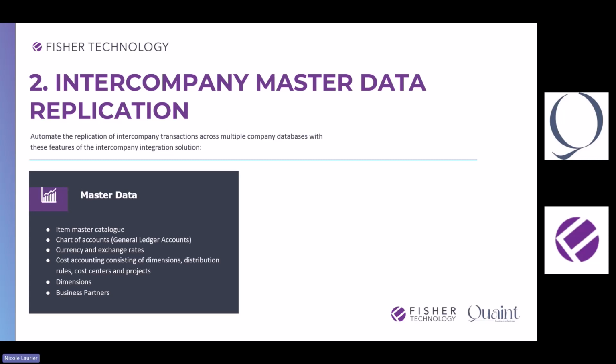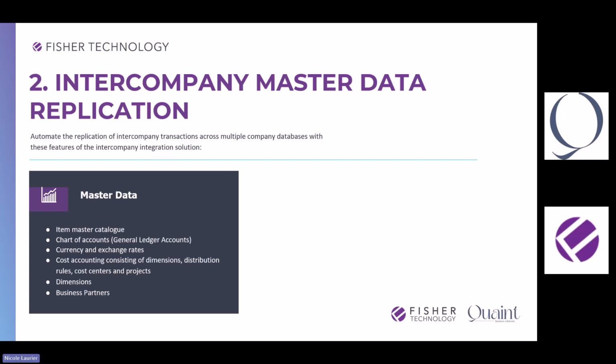So the kind of things that are replicated with the master data is obviously any items that you've got. Now, the items list, you need to make sure that both companies have the same items so that you can have one catalog and that you can synchronize between the two.